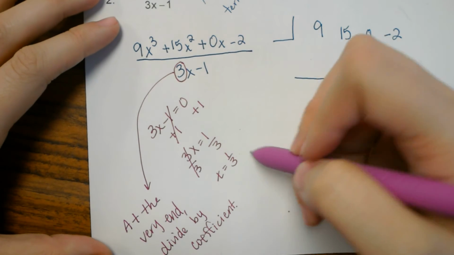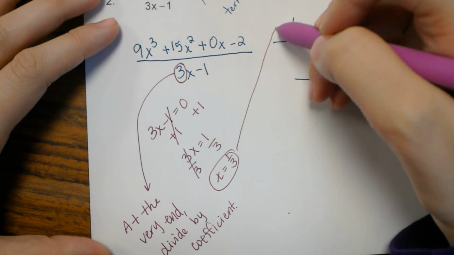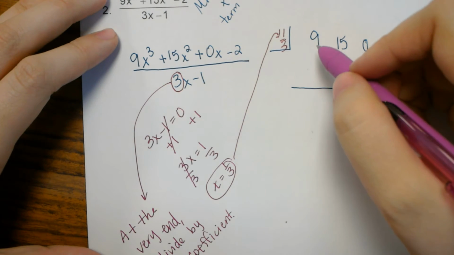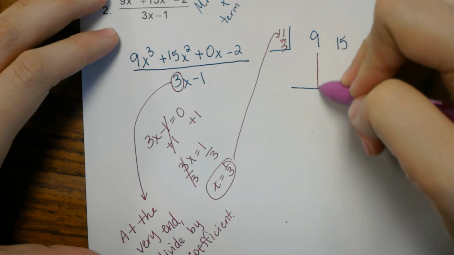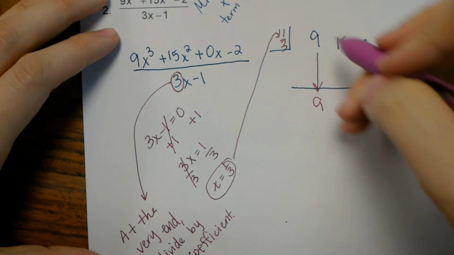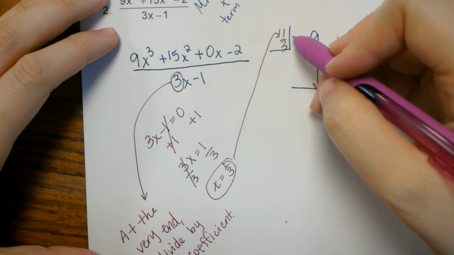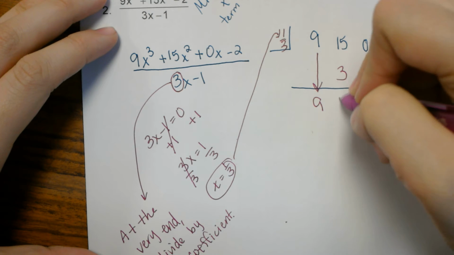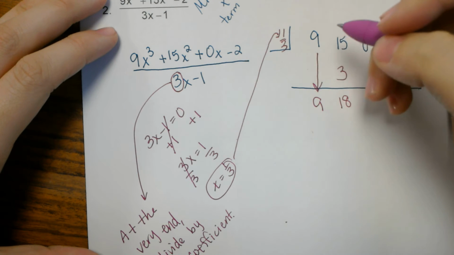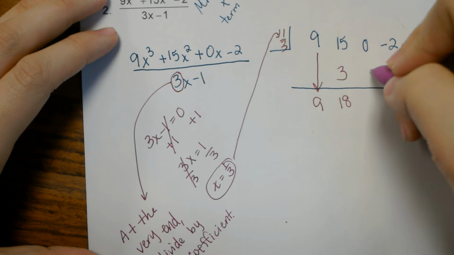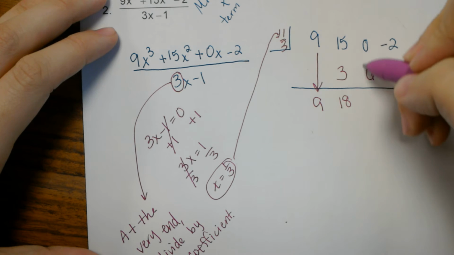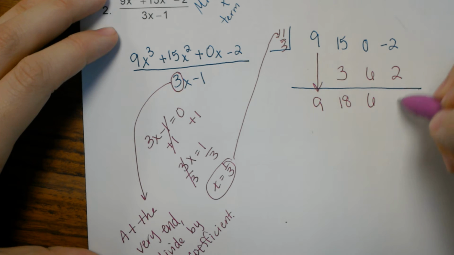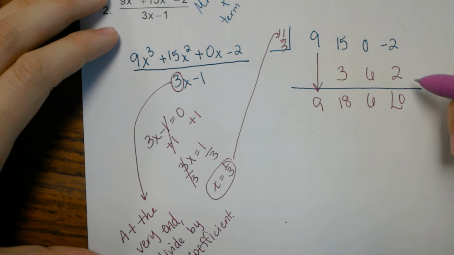So 1/3 goes in that box. So my first number always comes down. Then I have 9 times 1/3. That's 3. I add that, 18. 18 times 1/3, 6. I add, that gives me 2. I add, and I get a 0.